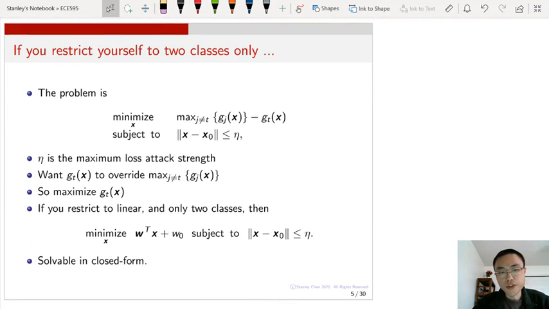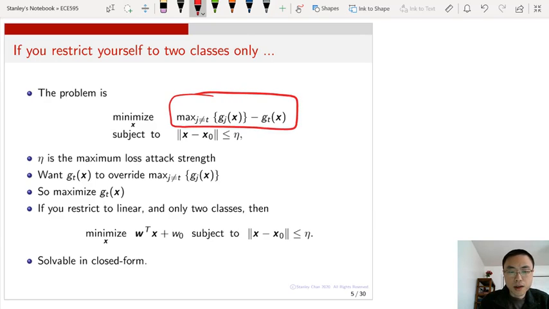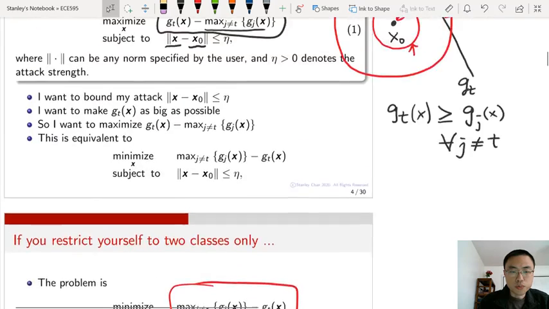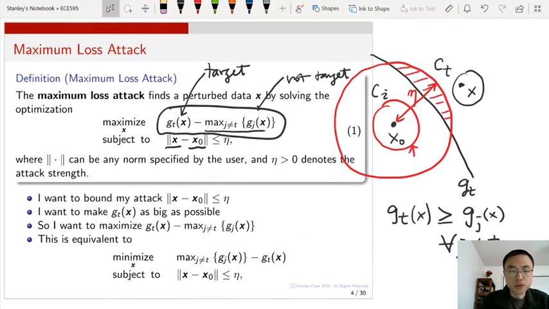Let's restrict ourselves to a simpler problem of only looking at a two-class classification with a linear classifier. In this case, we are going to minimize this function. If you go back a little bit to the previous slide, you realize that we were originally solving a maximum problem of g_t minus a max of something.